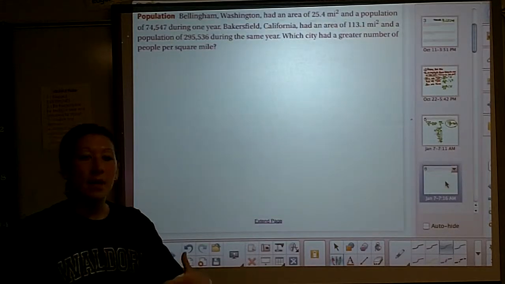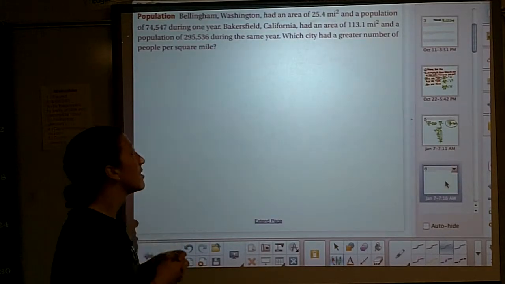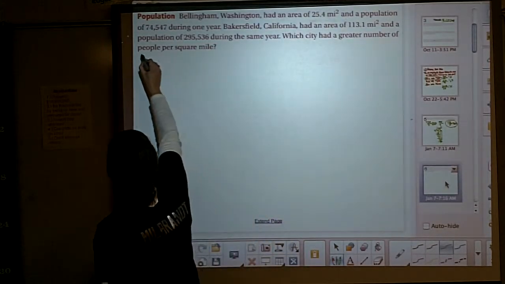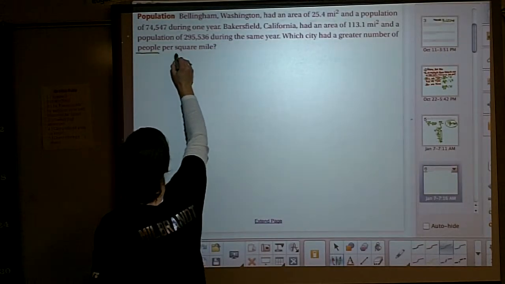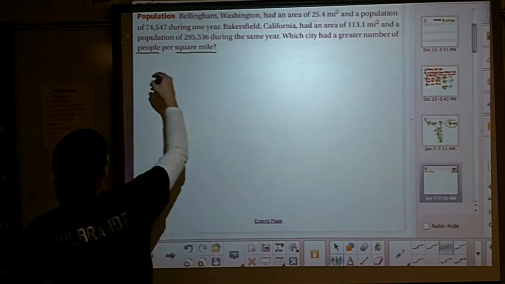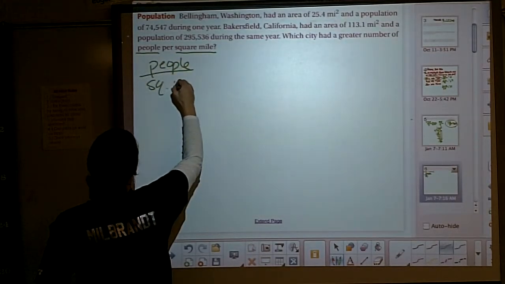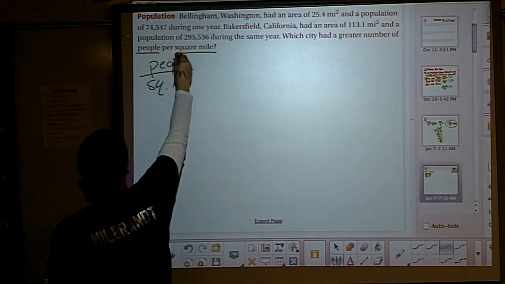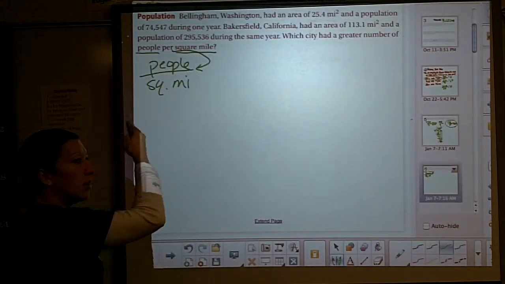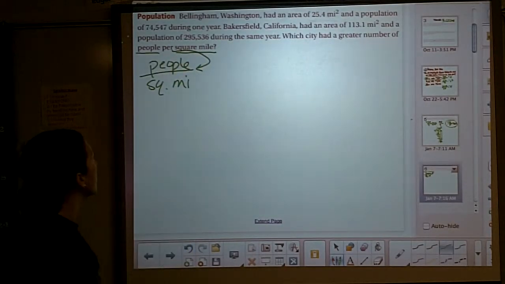You don't even have to think about what order it is in this one because it says it right here. They want to know people per square mile. My people will go on top. My square miles will go on bottom because that's what per means, to divide. People per mile, people divided by miles.